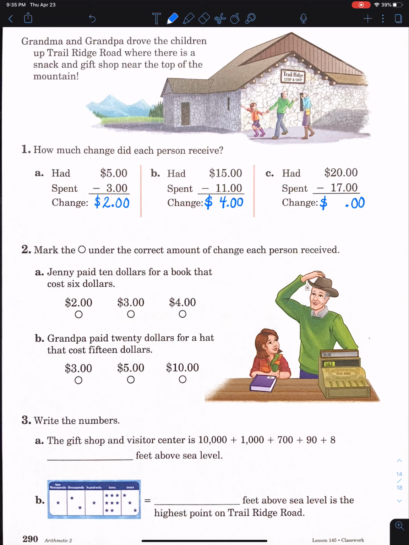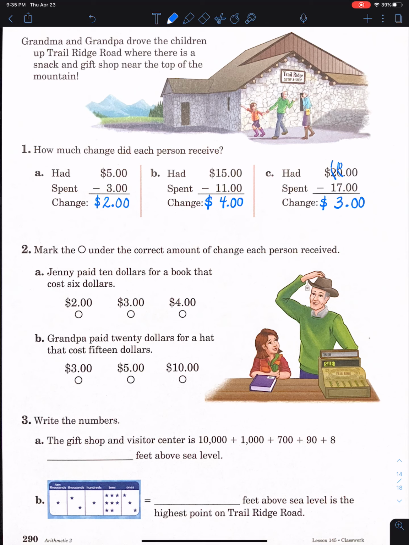Can't take 7 away from 0, so we're going to borrow from the 2 here in the tens place and make this the 10, bring the 10 over. 10 minus 7 is 3, and 1 minus 1 is nothing, so you can just leave that blank, or if you would like to put a 0, that's good too. So that person had $3 in change.